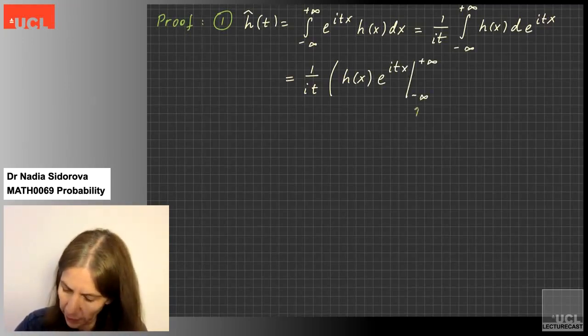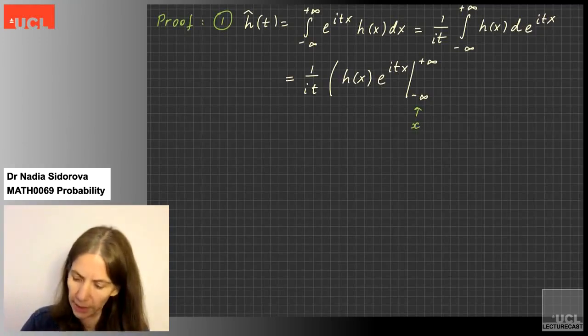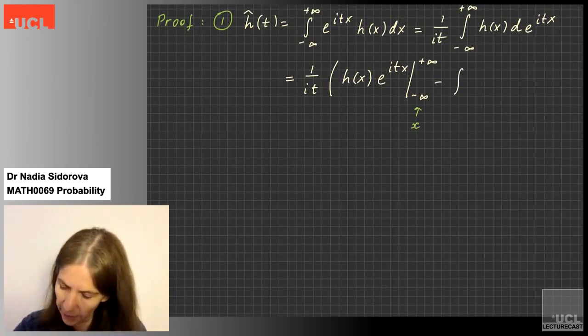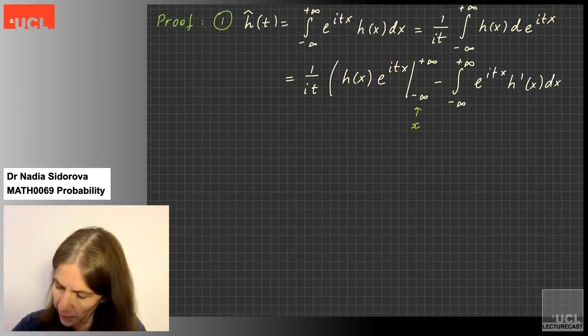Maybe let me emphasize that this is for the variable x, because all integration happens with respect to x, minus the integral from minus infinity to plus infinity of e^{itx} h'(x) dx.